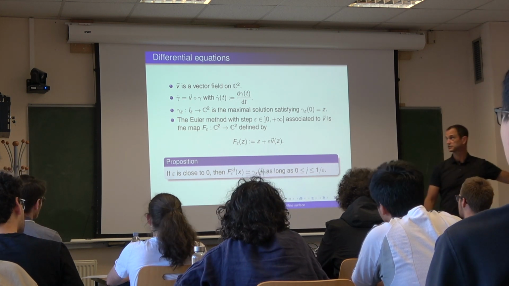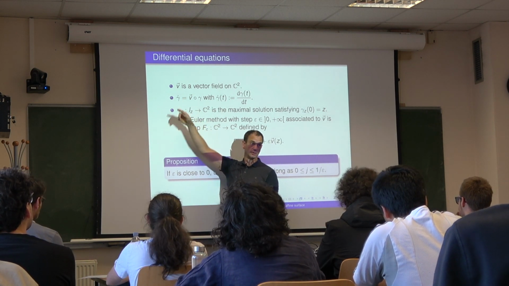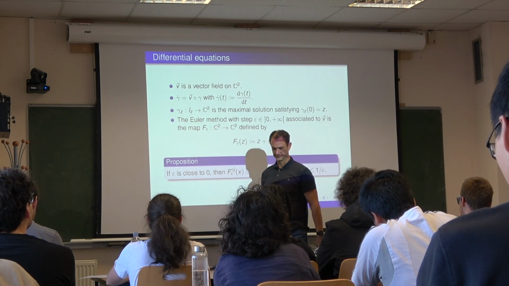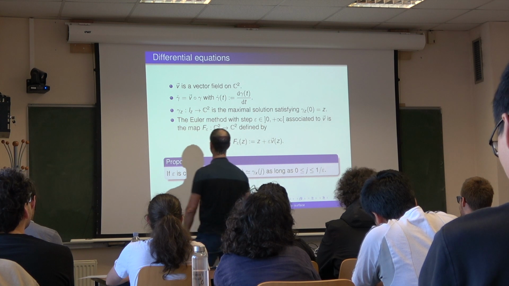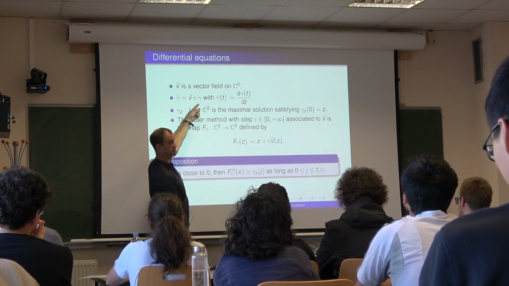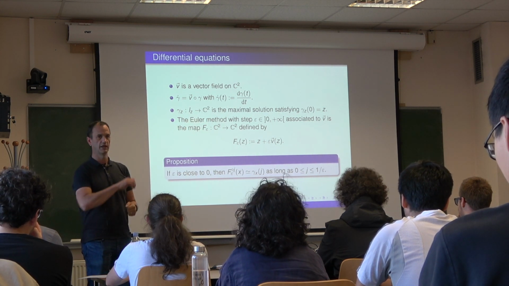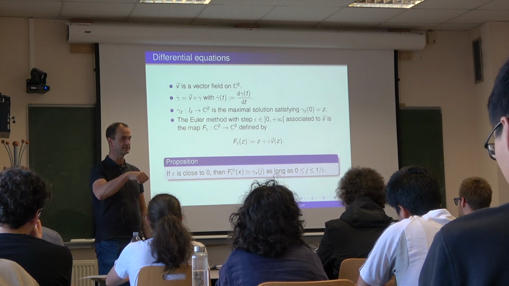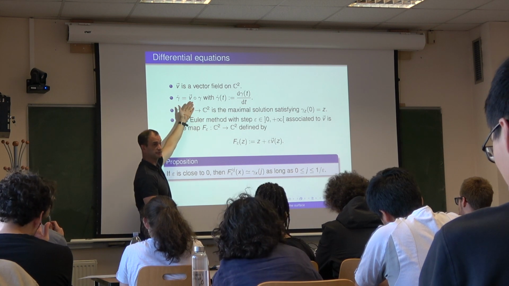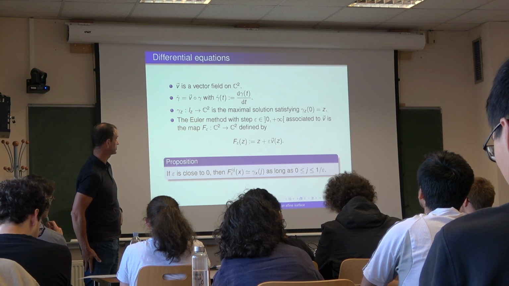The derivative with respect to t is written as gamma dot, in order to keep the derivative with respect to z for something else. And the equation is gamma dot is equal to v of gamma. So this is typically a differential equation. You have a vector field and you try to solve gamma prime is equal to f of gamma. I write it as gamma dot is v of gamma, but it's exactly the same. I don't use the same letters, but this is a differential equation.